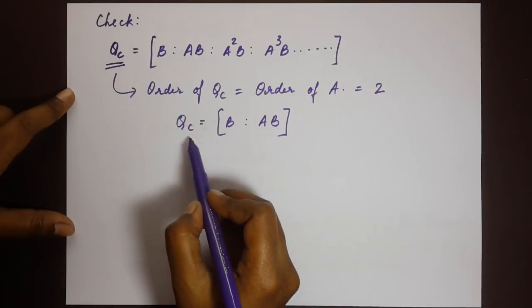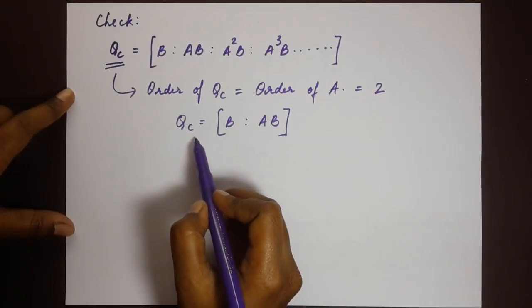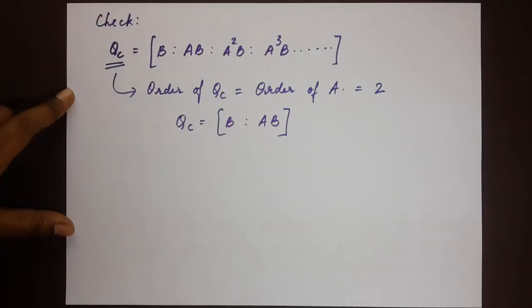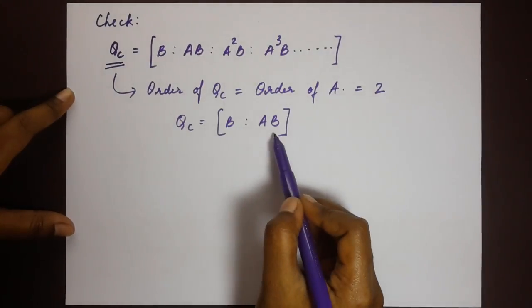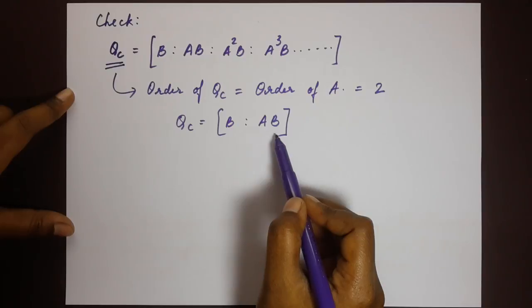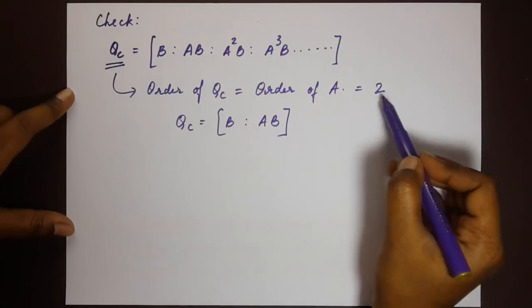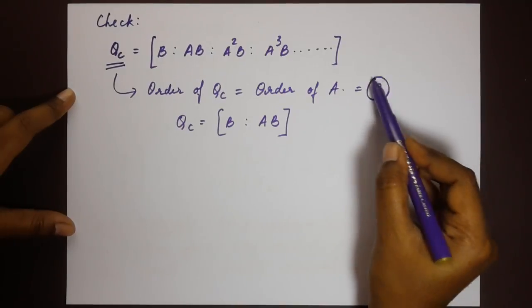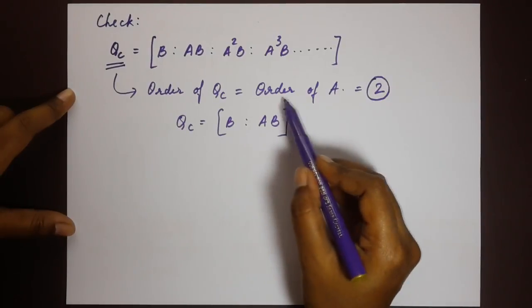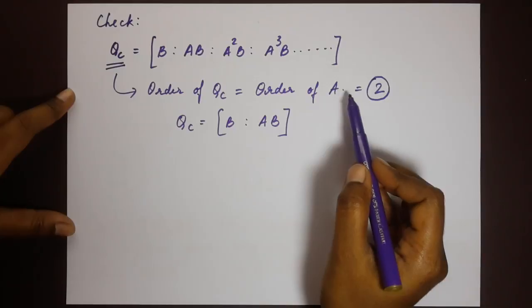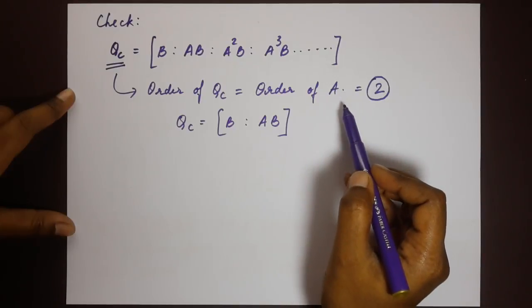Now, how do we say that the system is controllable? Once we build our matrix QC, if we see that the rank of QC is equal to the same order 2 of A, then the system is said to be controllable.